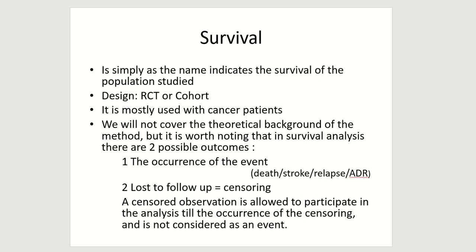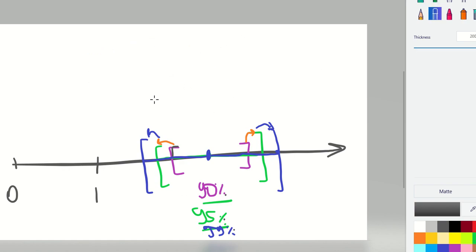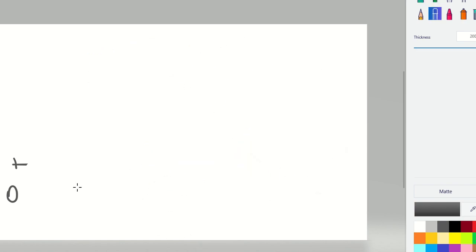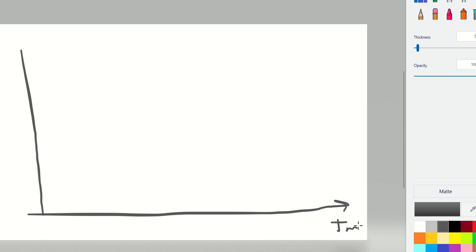Okay, so let me give you a quick example. Let's suppose I'm looking at a sample of cancer patients. Over here is time, and over here is percent alive, or surviving.